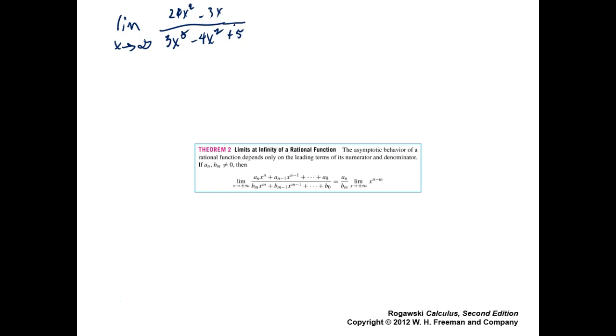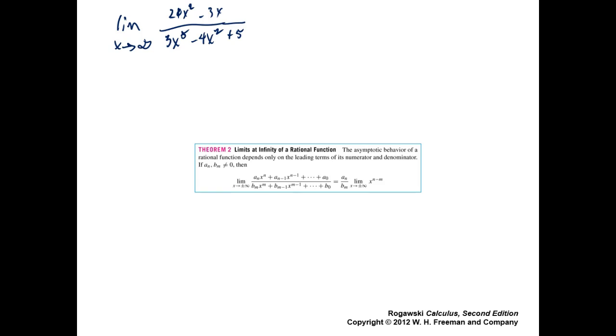Now, all we're interested in for very, very large x's is, and actually it's only going to positive infinity, 20x squared in the numerator and 3x to the fifth in the denominator. Those are your leading terms.